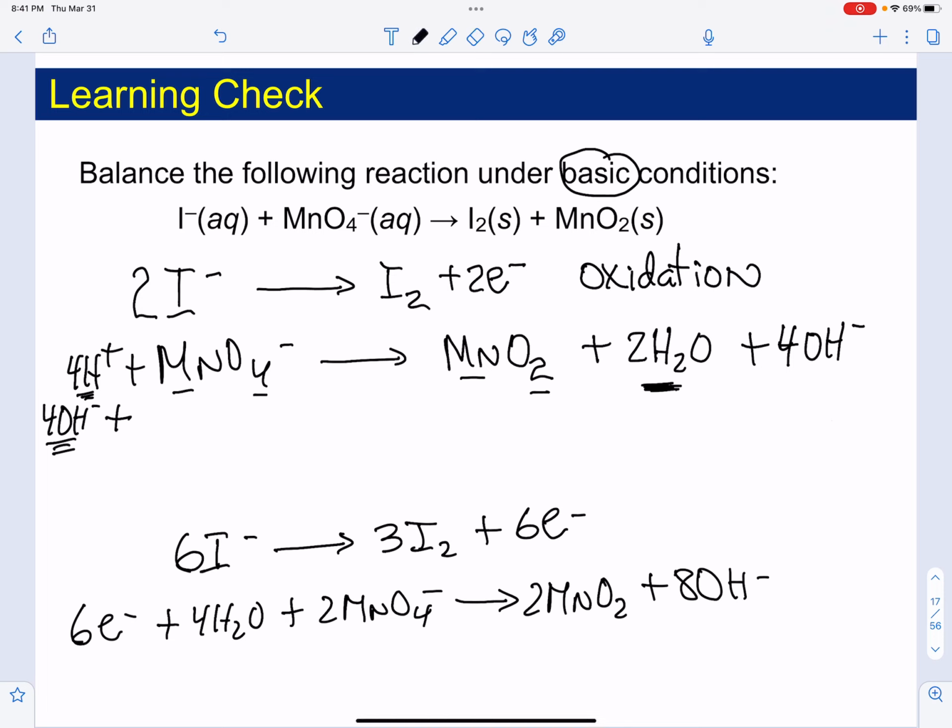And now we're going to combine all together. The electrons are going to cancel.